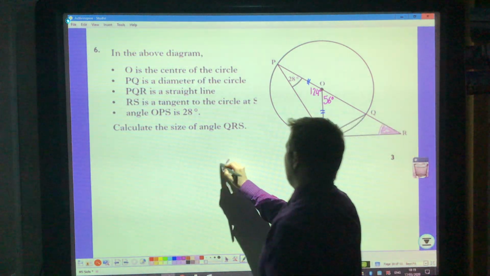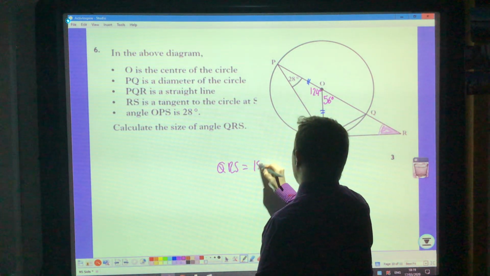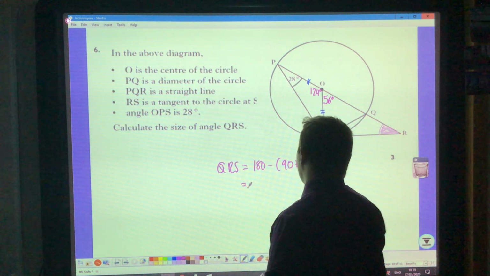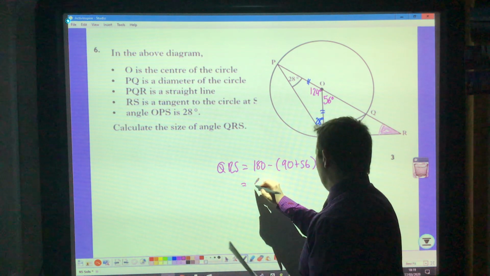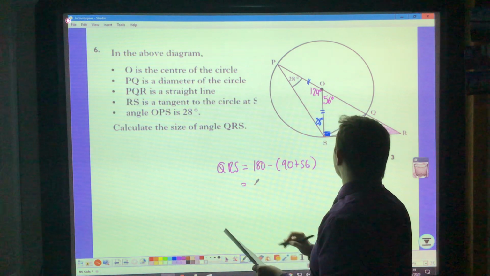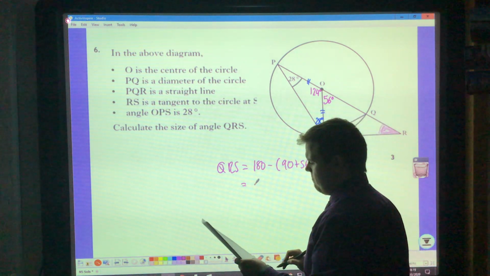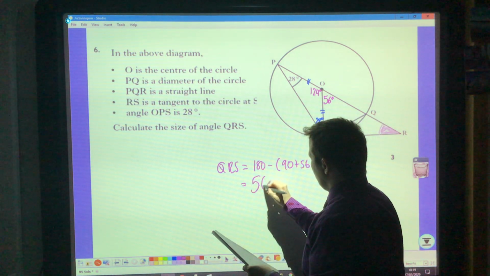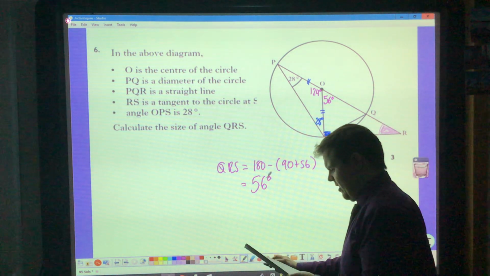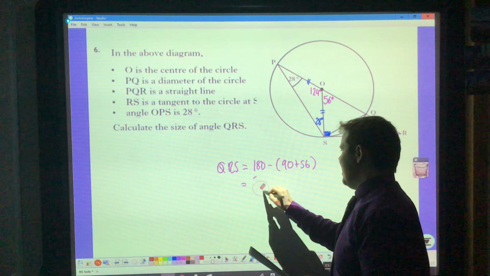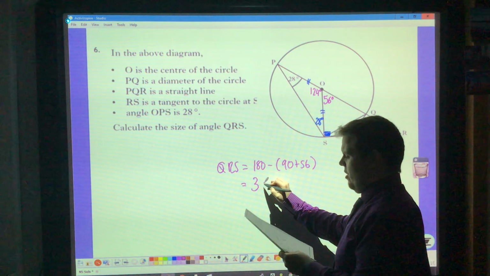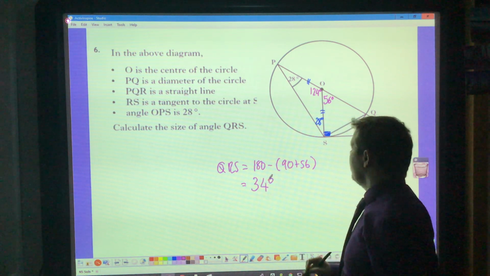That there is QRS equals 180 minus 90 plus 56. That is 180 take away 146, which gives you 34 degrees as your final answer.